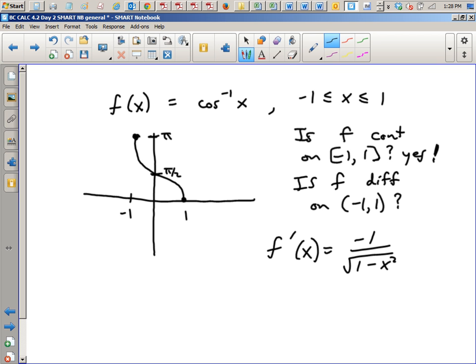So it turns out that it really is differentiable between negative 1 and 1. Okay? There's issues with the derivative when you get to x equals 1 or x equals negative 1, but that doesn't matter because we're not dealing with the endpoints. It's only the interior. So I can see the domain of this derivative is negative 1 to 1 exclusive. That's the same thing as me saying f is differentiable between negative 1 and 1. Okay, so this thing qualifies.